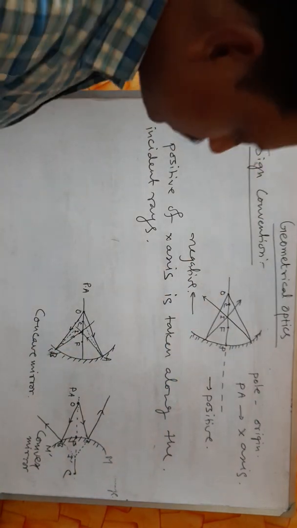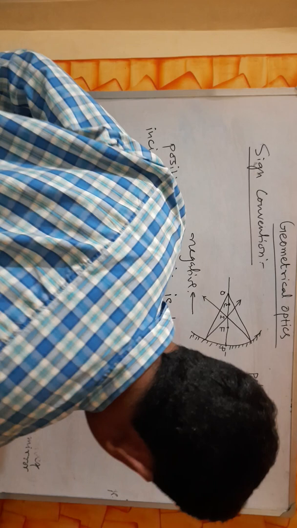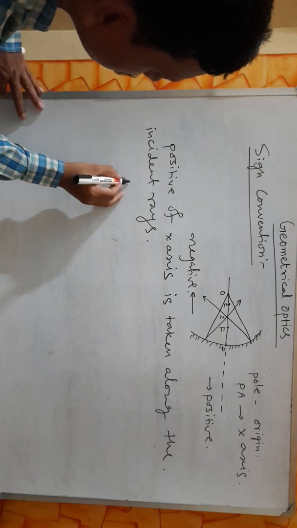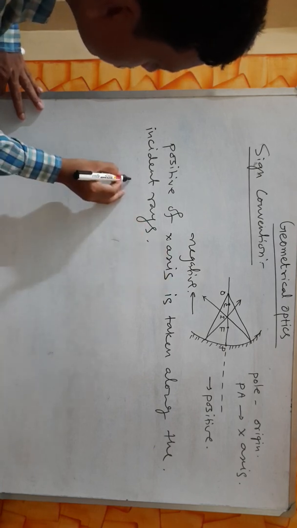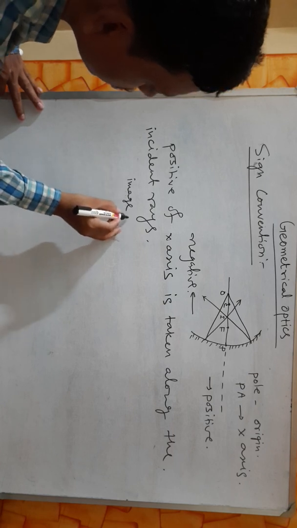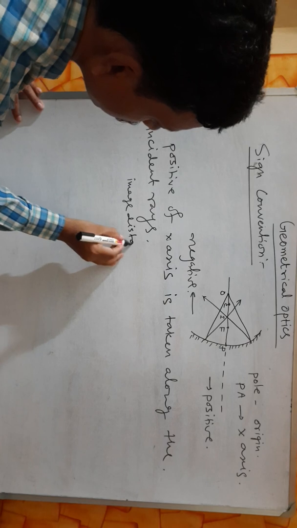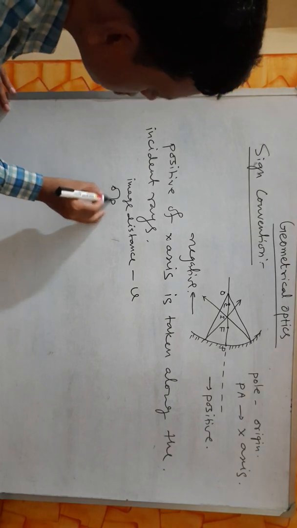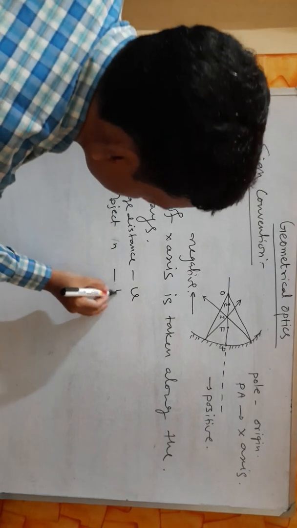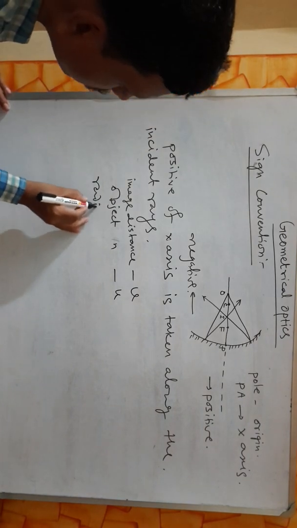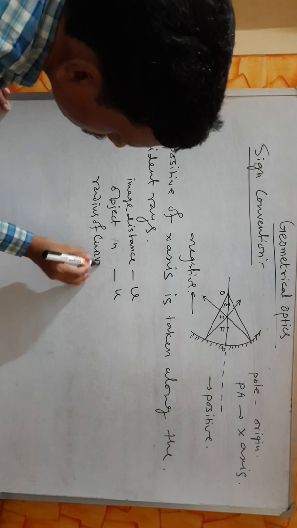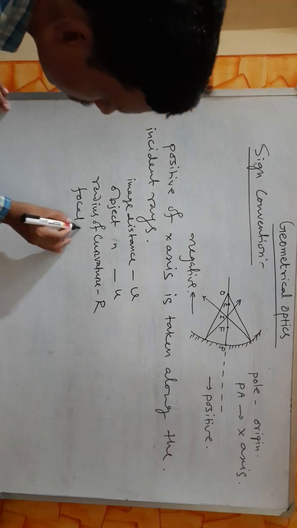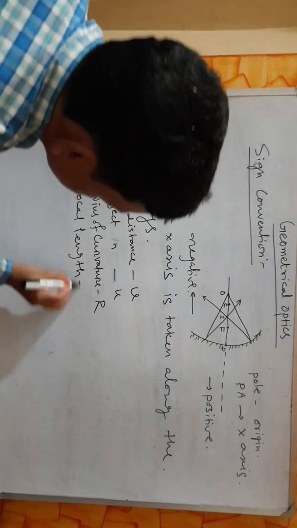The image distance is denoted V, the object distance is denoted U, the radius of curvature is denoted R, and the focal length is denoted F.